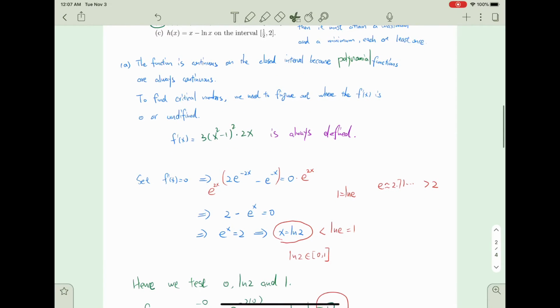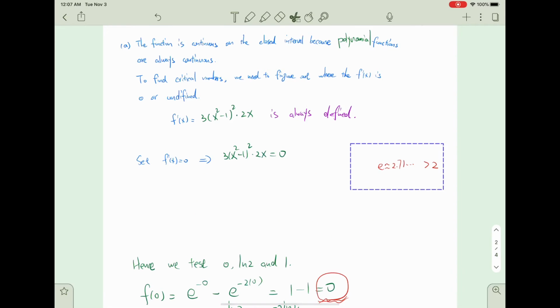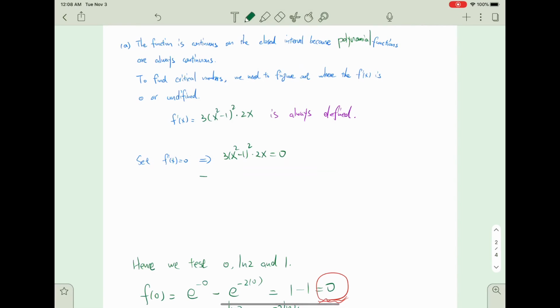And then we do the same thing, set the derivative to 0. Okay, so set the derivative to 0. We will have 3 times (x squared minus 1) to the 2 times 2x equal to 0, right? So now we have a product equal to 0. So it's either one of the factors equal to 0.